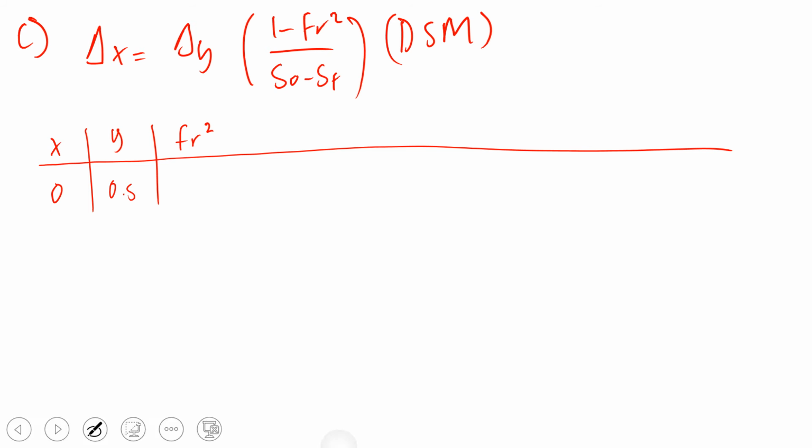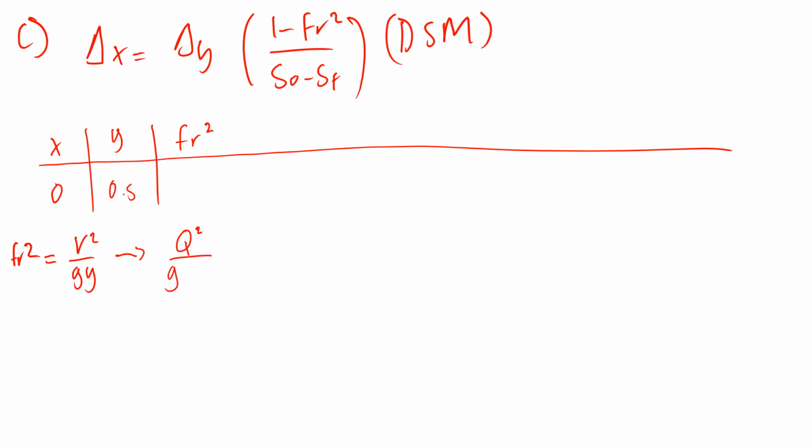So Fr squared is equal to v squared over g y. You know that v equals Q over A. So if you sub that back into the equation, you get Q squared over g y A squared.